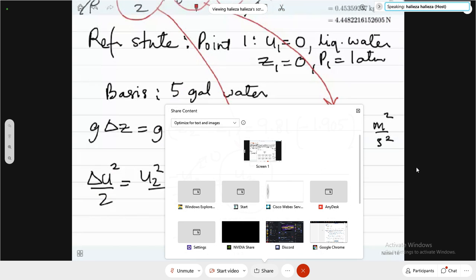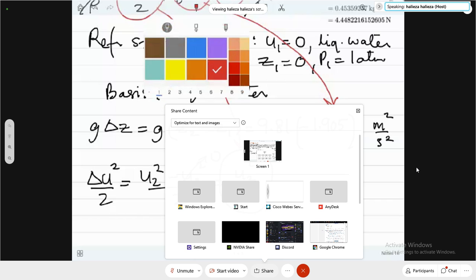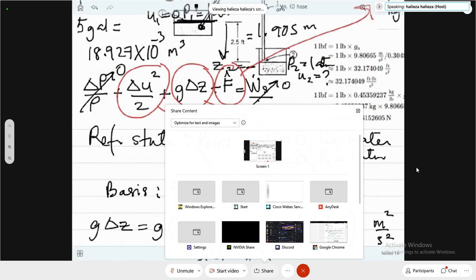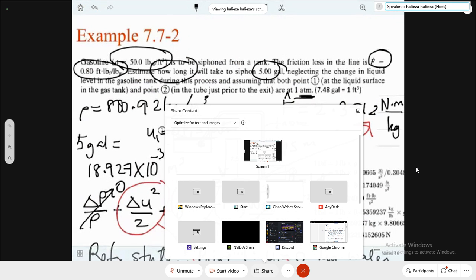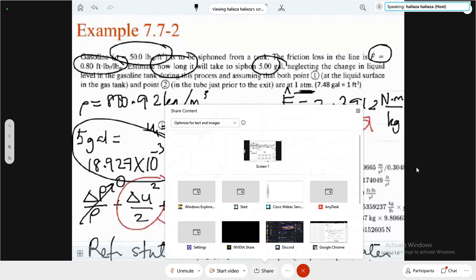Once you manage to get u2, you can solve for time, because you already know what's the volume that you're going to handle. Remember, you have the 5 gallon. This is your 5 gallon in cubic meters. So what you have to do is get your flow rate, with your area.